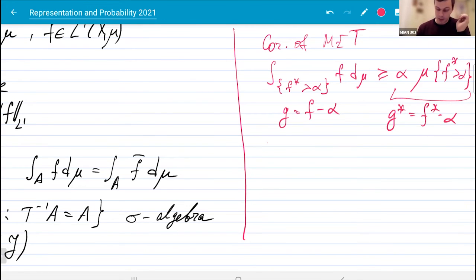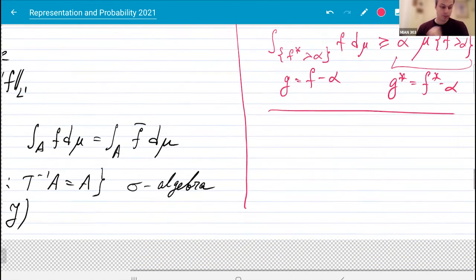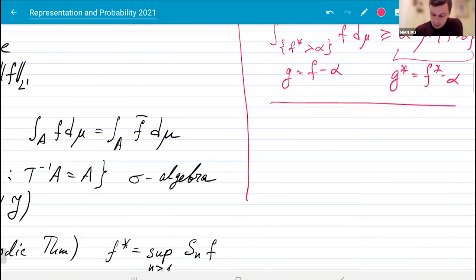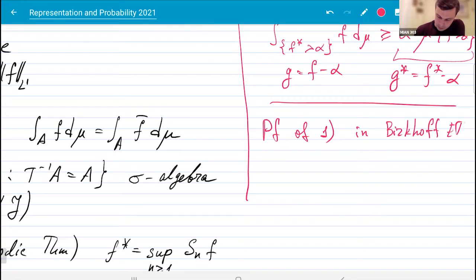Okay, so let us consider the following set. So take a proof of the Ergodic Theorem.